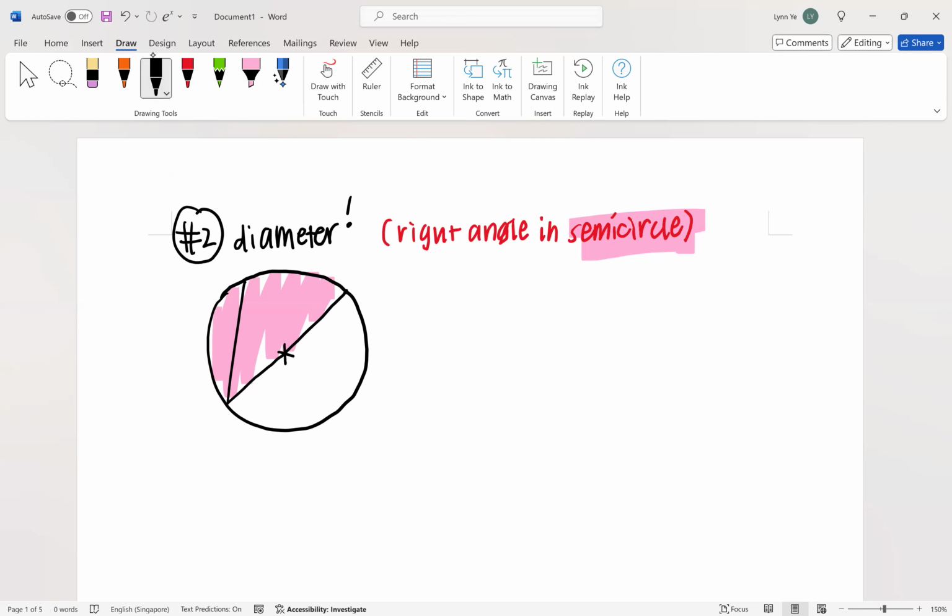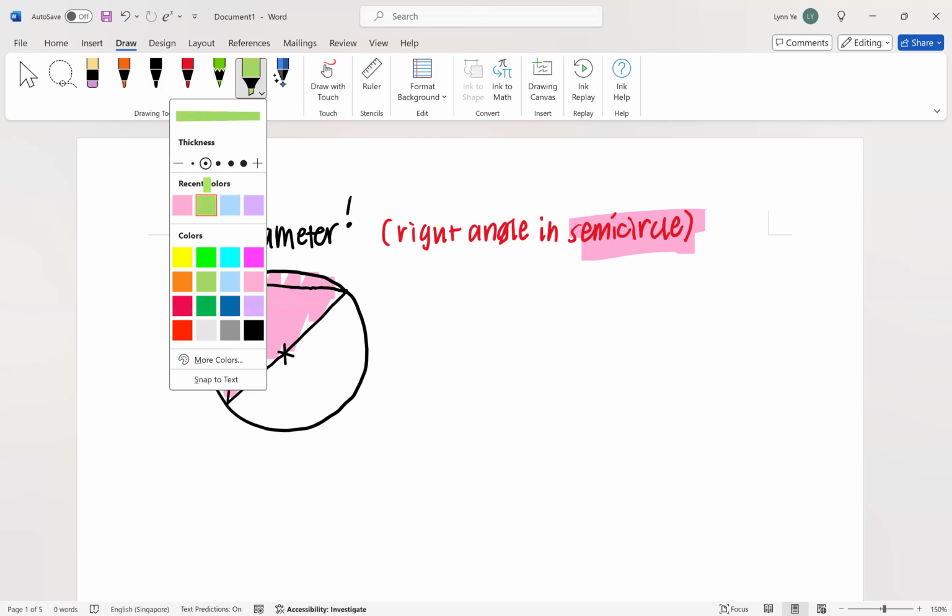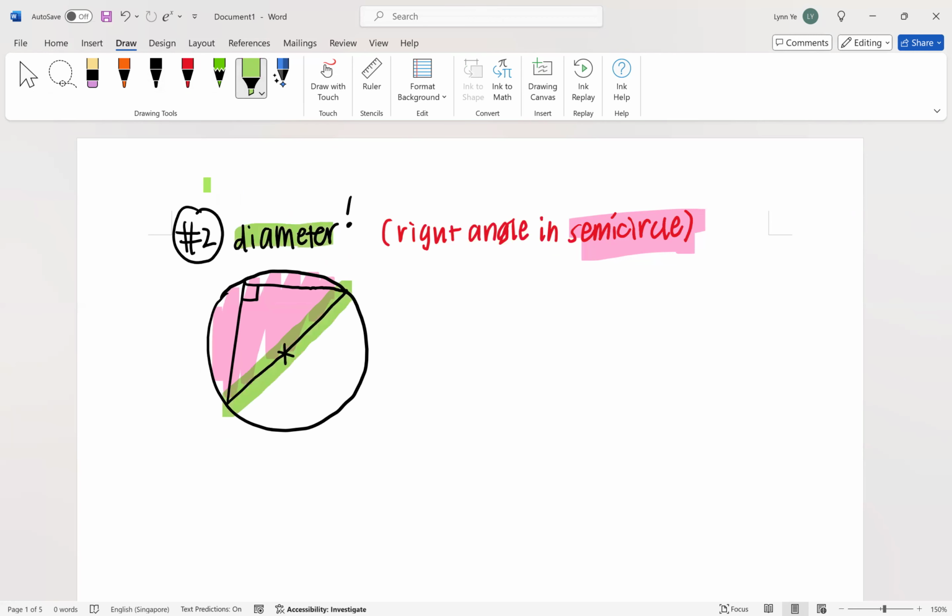Because it will form a triangle right here, 90 degrees. So this is where your right angle is. Clear so far? And where's your diameter? So you need to highlight in green. This is where your diameter is. So your diameter will give you a right angle, which is 90 degrees right here. So next time, wherever you do semicircle or diameter, take note, we'll use this property called right angle in semicircle. So I'll give you guys some time to copy.